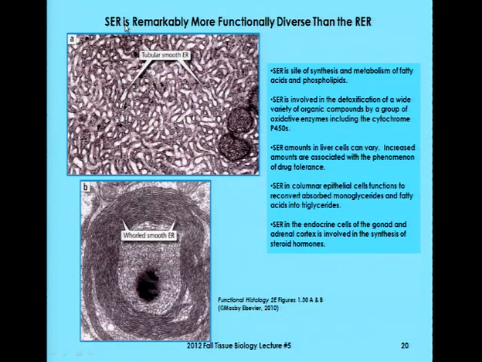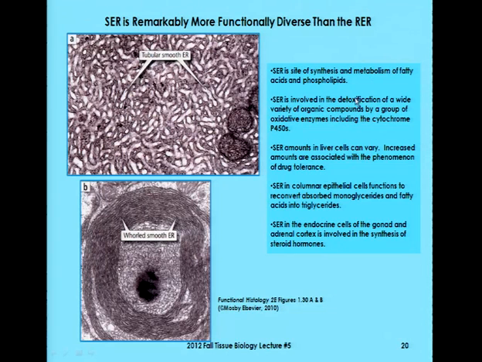The smooth ER is remarkably more functionally diverse than the rough ER. And once again, note that the smooth ER is living up to its name. It doesn't have any ribosomes attached to it. Smooth ER is the site of synthesis and metabolism of fatty acids and phospholipids.